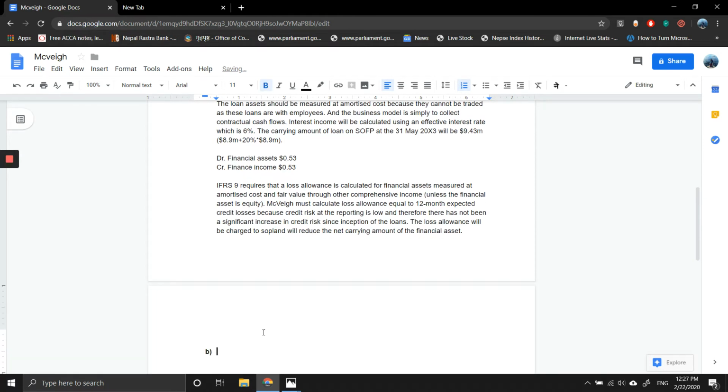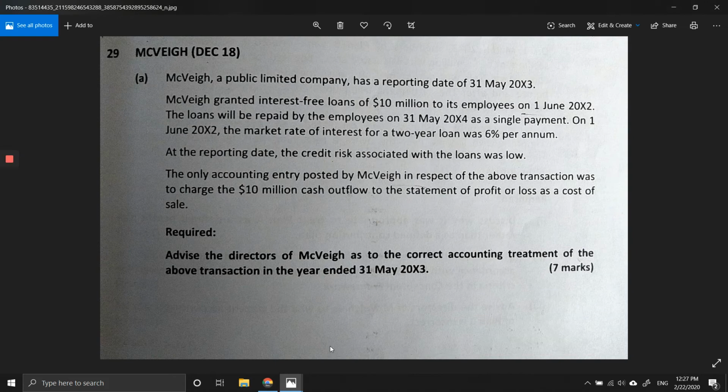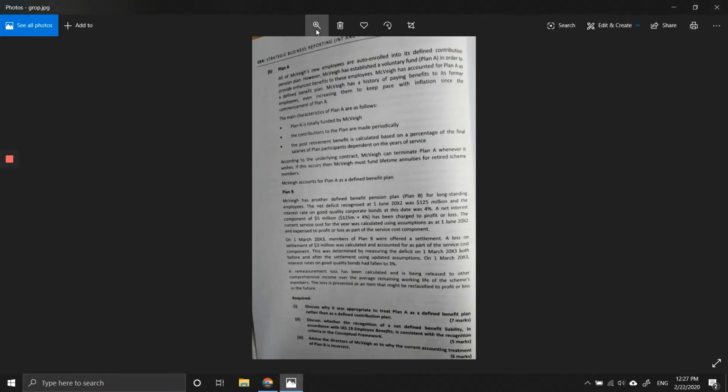Anything else? Since we don't have the required information to calculate loss allowance, we don't need to worry about it. Since it is only 7 marks, that is done. Let's look at B.